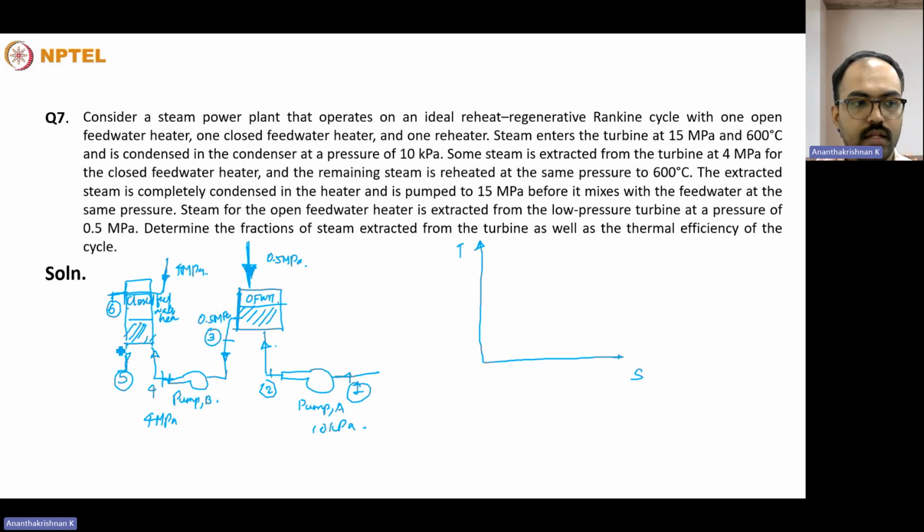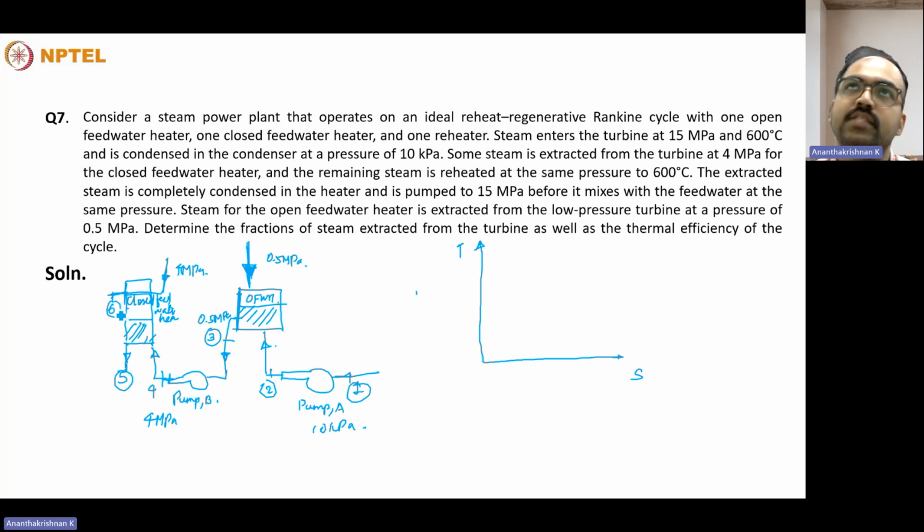Before that, the fluid coming out of pump B should also be at the same pressure, 4 megapascal. So there is a slight bit of confusion because this will come at 4 megapascal and it will become saturated liquid at 4 megapascal.